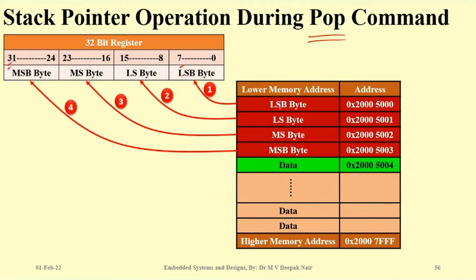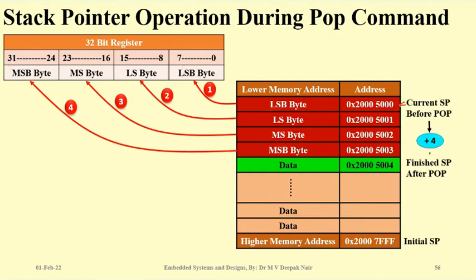The current stack pointer was here. First the data goes to the LSB byte, then the LS byte, then the MS byte, and lastly the MSB byte. After the pop instruction is over, the stack pointer comes back to its original position, suppose 2000 5004.